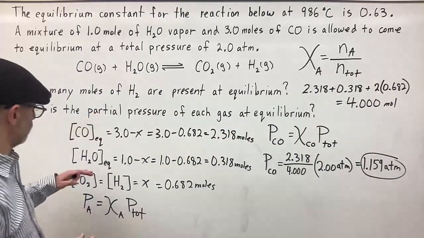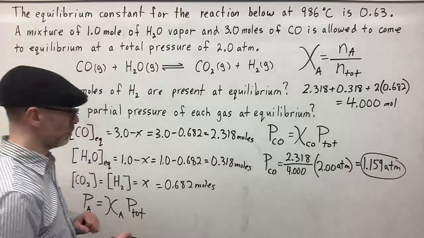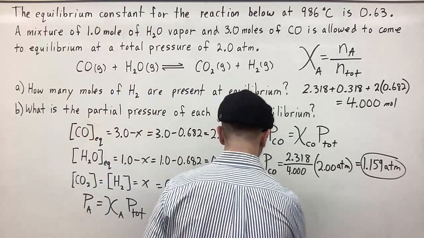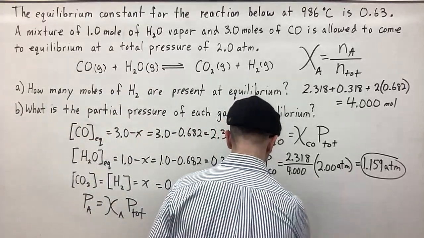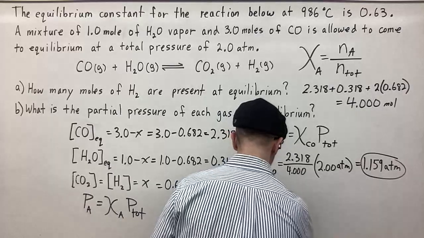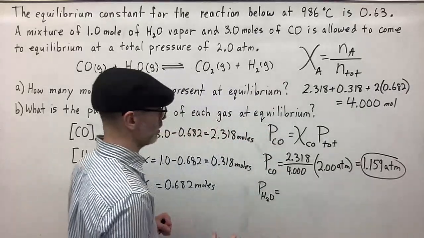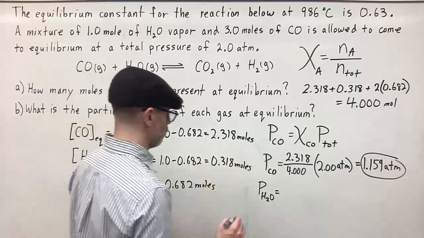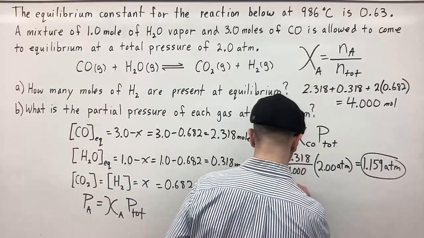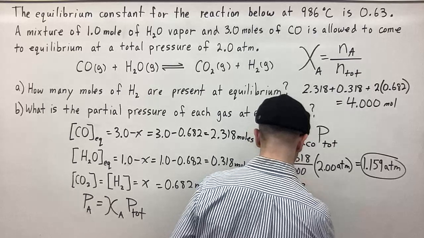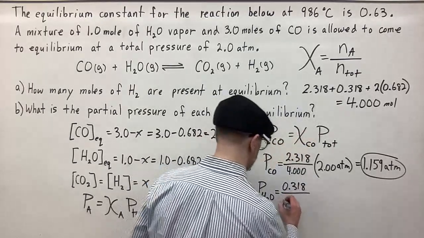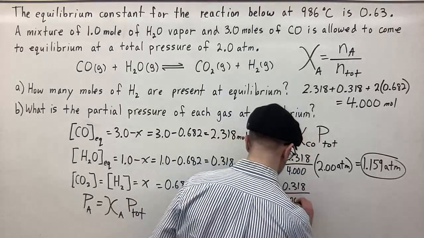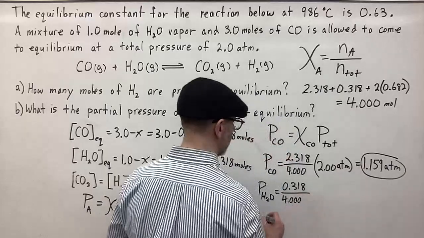Now we can do the same thing with water vapor. So the partial pressure of water vapor is going to be equal to the mole fraction of water vapor. And so we're going to take the moles of water vapor, 0.318, divide that by the total moles, which is again 4.000 moles.